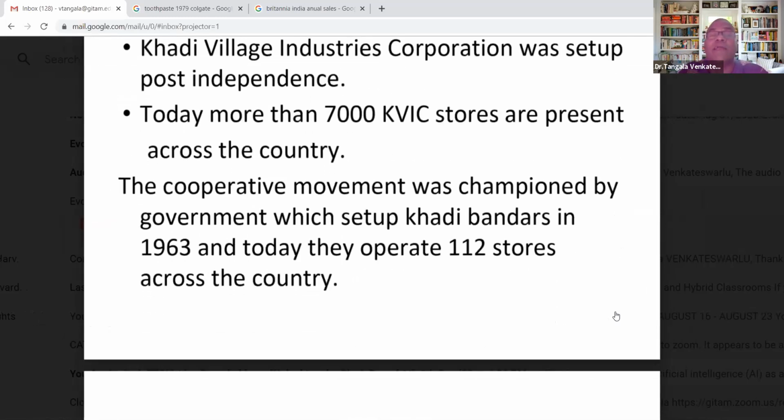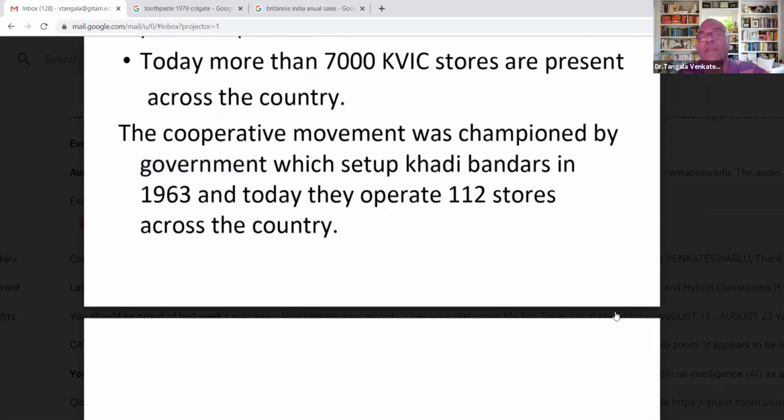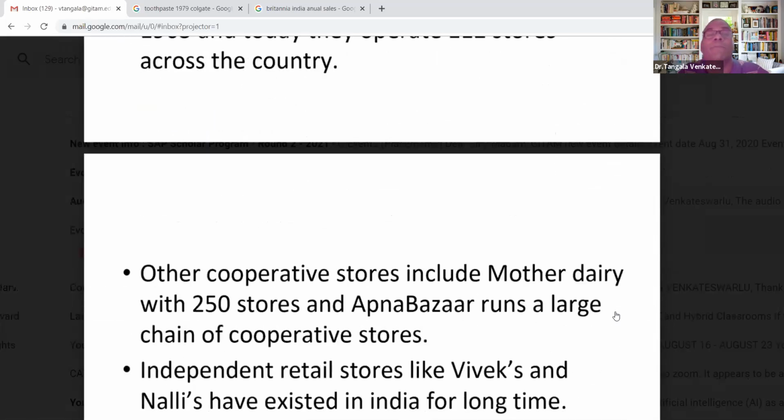You might have seen the government opening Khadi Bhandar, which sells exclusive Khadi clothes. Recently the Telangana government is promoting clothes made by weavers, such as Pochampally sarees.